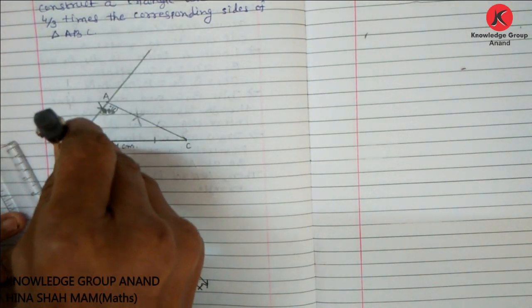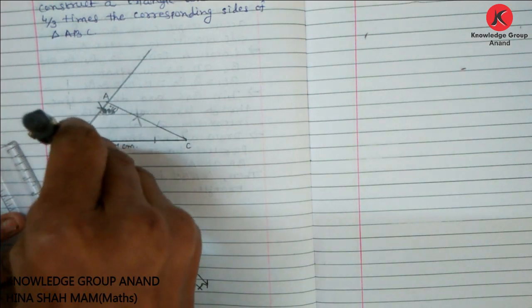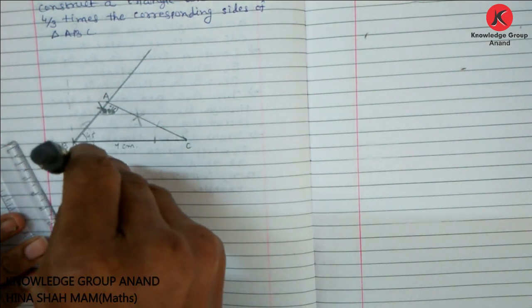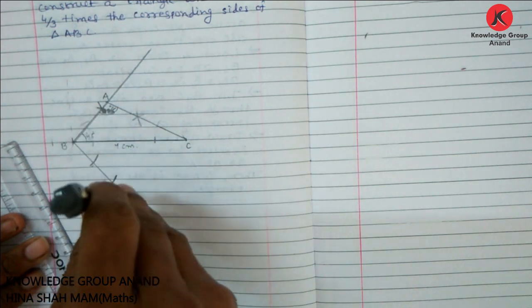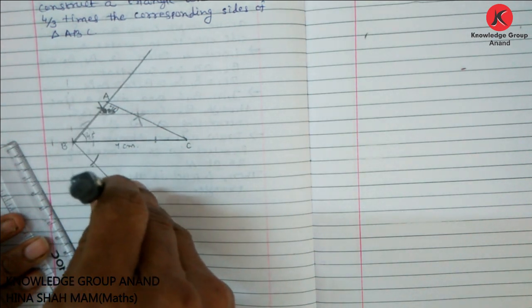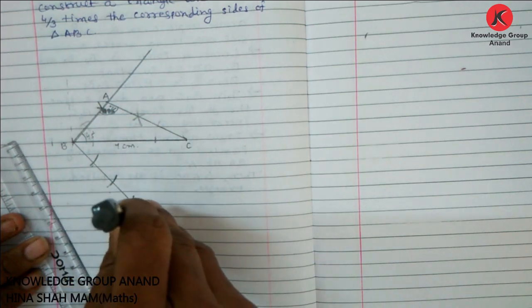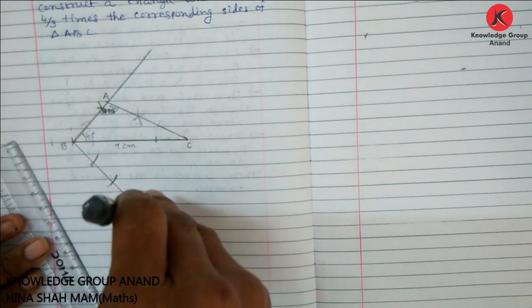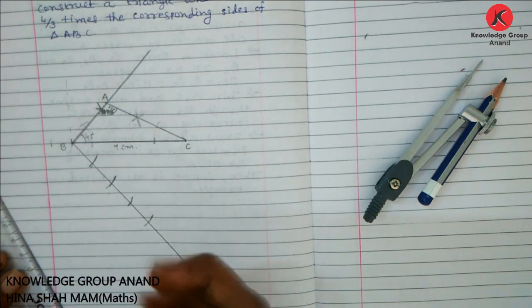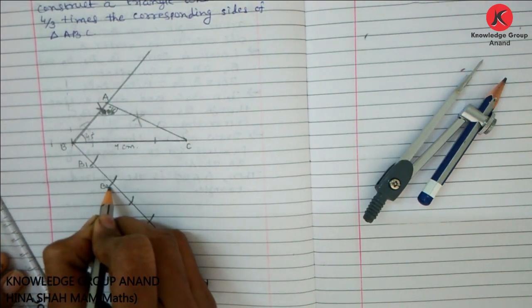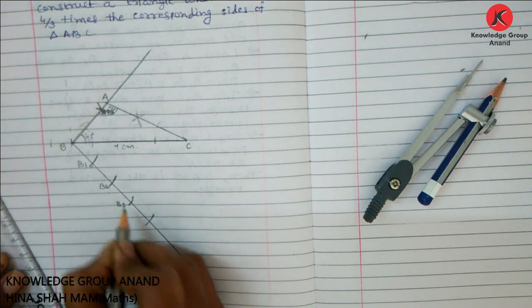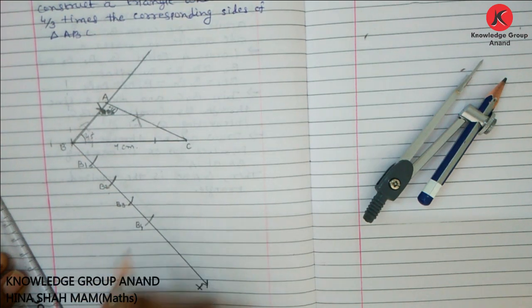We locate here 4 points B1, B2, B3 and B4. Locate 4 points B1, B2, B3 and B4.